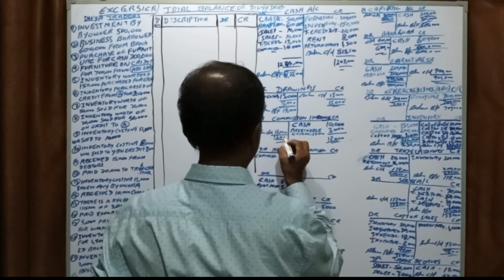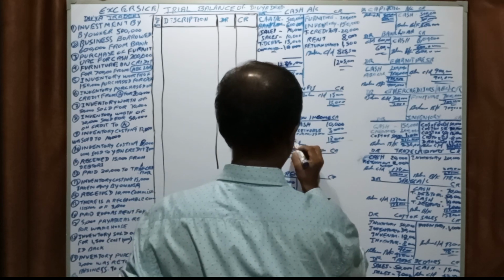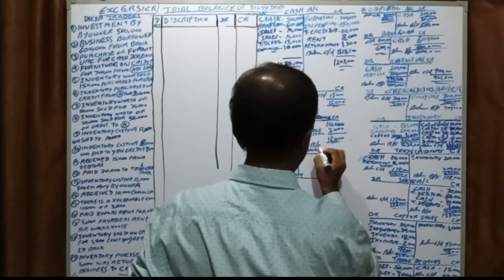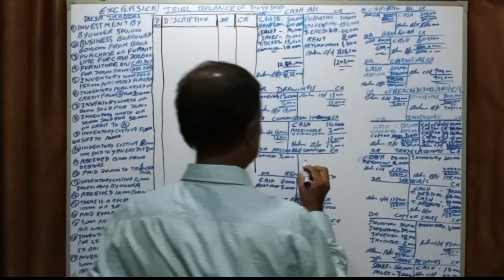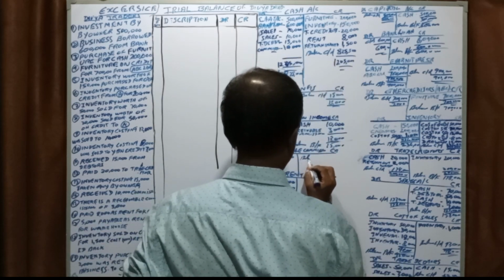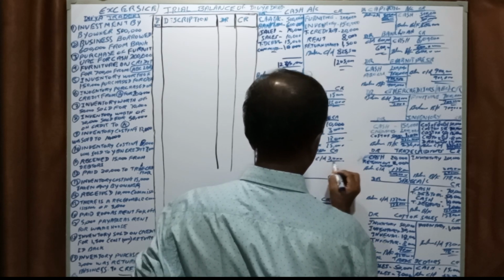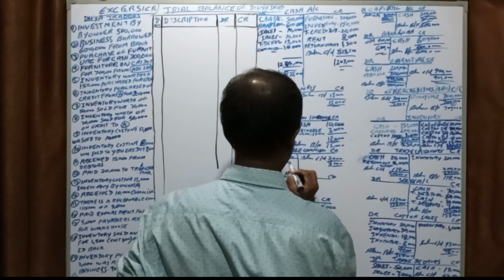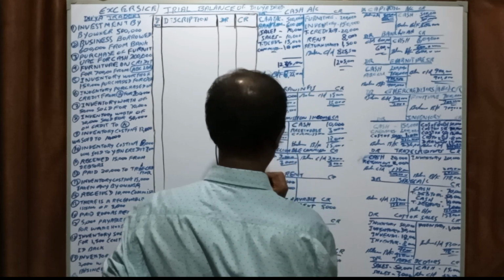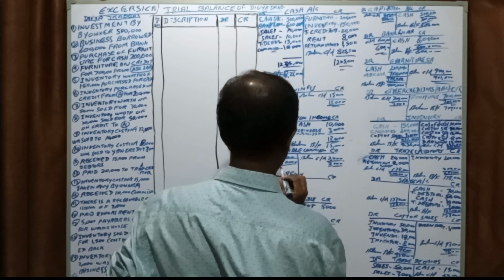Total is 13,000. Balance brought forward 13,000. Right. Commission balance carried down 3,000, and here also 3,000. Balance brought forward 3,000.